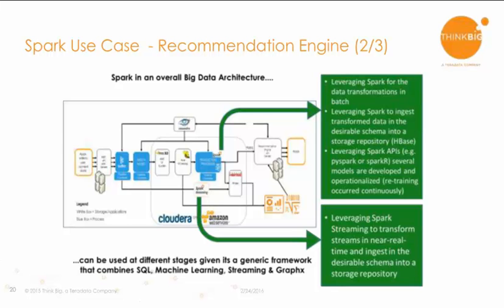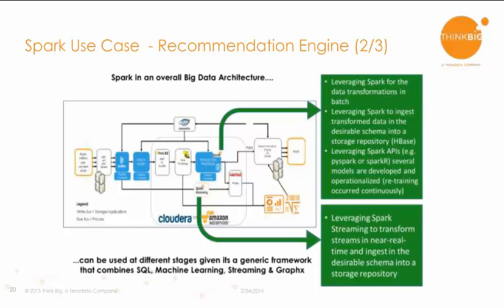In addition to that, on the bottom green arrow, you're looking at Spark streaming. So some of this data that is coming for this specific recommendation engine will come almost in real time or in real time. And you can see there that we are leveraging Kafka, and then Kafka essentially will send those streams directly to Spark streaming, so that that framework will perform similar transformations that the batch process is doing, and also store that information to HBase to be further down the stream analyzed by other visualization tools or processes.